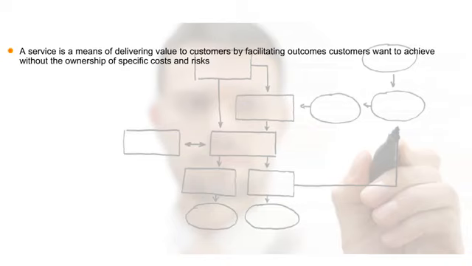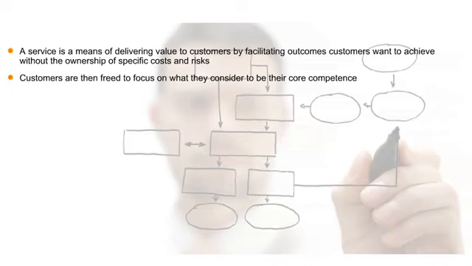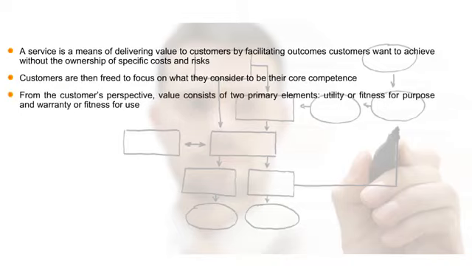Here, the item you choose is your service. Manufacturer is the service provider, and you who utilize the service are the customer. Service provider helps the customers to be free and to focus on what they consider to be their core competence from the customer's perspective. Value consists of two primary elements: utility or fitness for purpose, and warranty or fitness for use. Let us move on to our next slide.